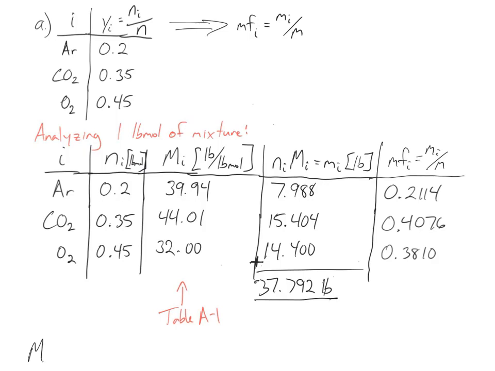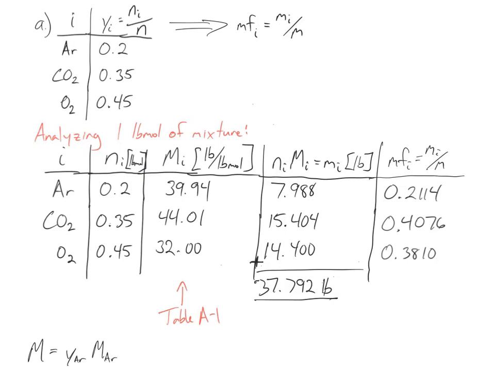If we would want to find the total molecular weight of our mixture, let's look at that. To find the molecular weight, we could take the mole fraction of argon, which is 0.2, and multiply that by the molecular weight of argon.